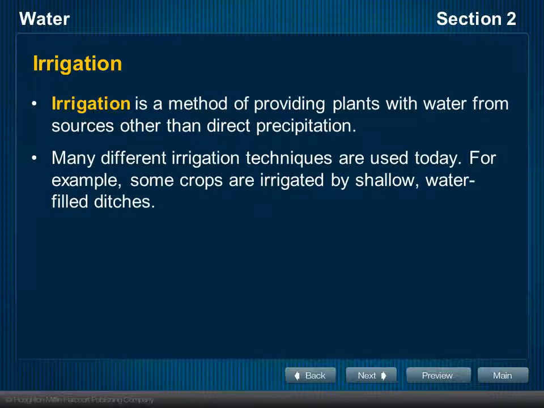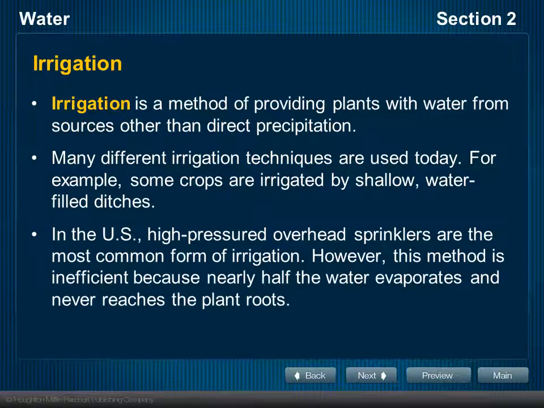You can use shallow water-filled ditches, which is a pretty traditional, classic, kind of old-school, non-industrialized method. The U.S. agriculture is an industrialized endeavor, and so we use high-pressure overhead sprinklers, which is the most common form. But we also know that this method is inefficient because almost half the water evaporates, never reaches the plants.